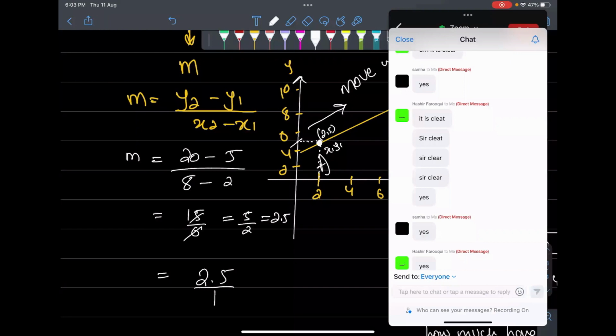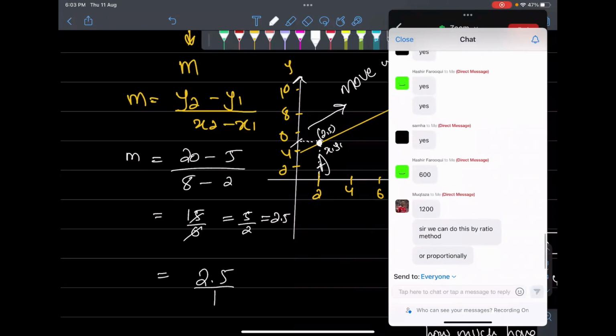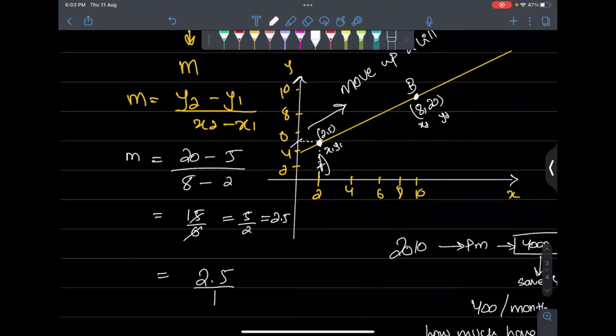Yes beta, can I write 2.5 upon 1? Now what does 2.5 upon 1 mean? Look at this.